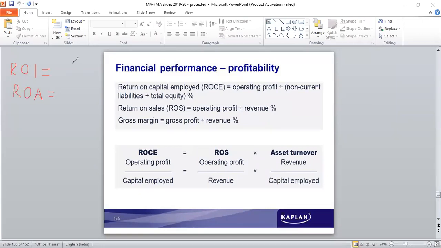We see that the numerator in all the situations is profit. Profit divided by, here it is investment. Then return on assets, it will be profit divided by total assets. Profit divided by these variables, the denominator variable.